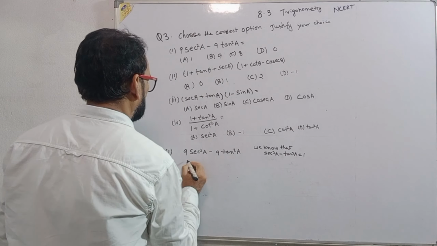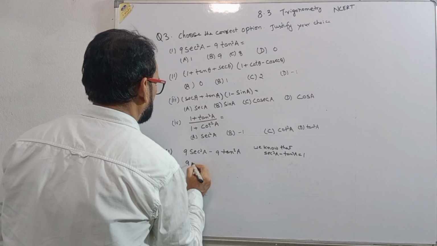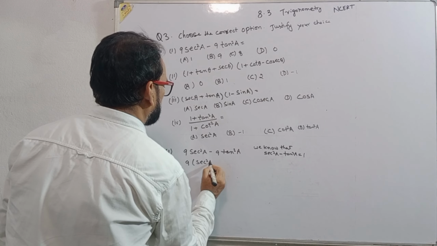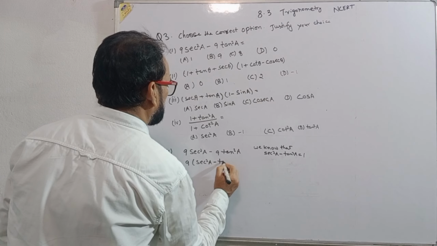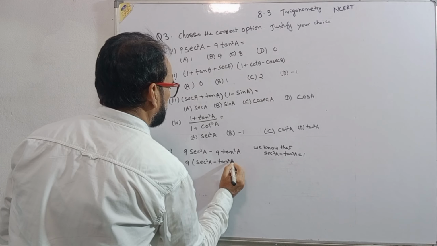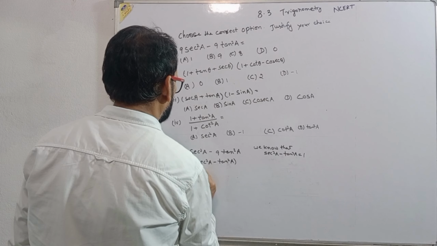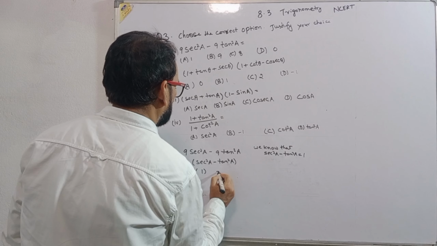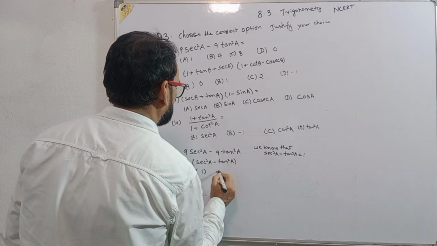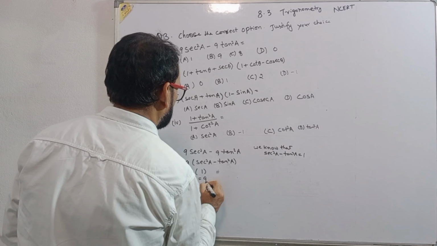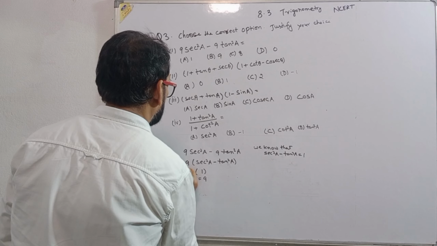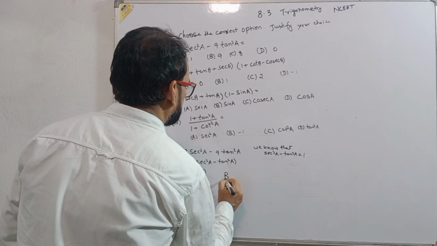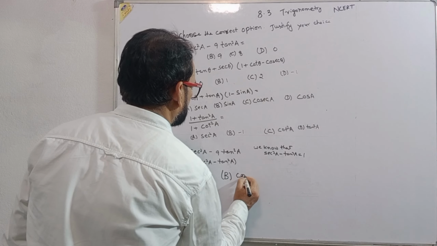Here we take 9 common, 9 times sec square A minus tan square A. Put the value 1 here, and the answer is 9. Option B is correct.